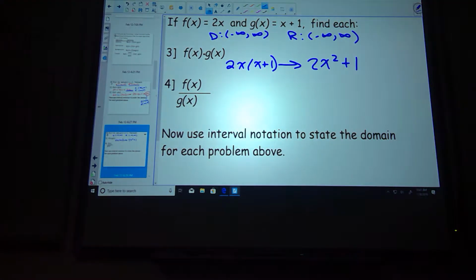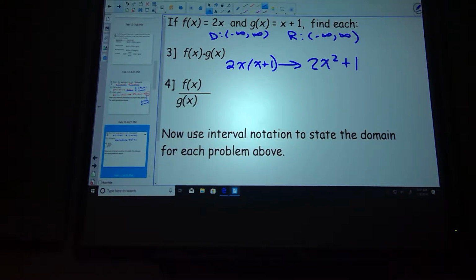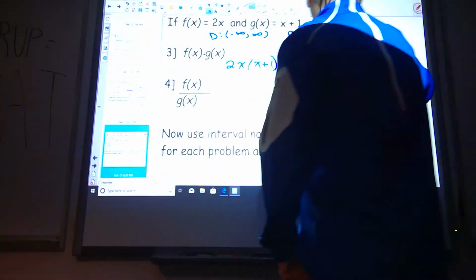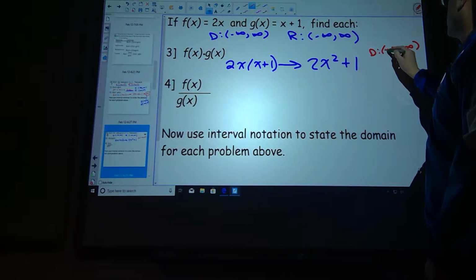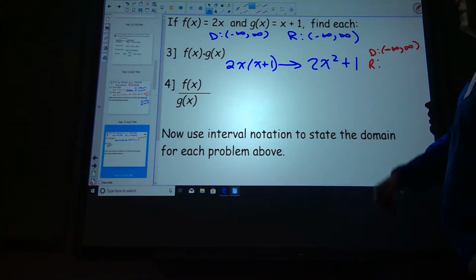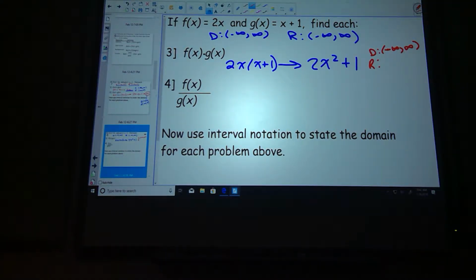Okay, now we are going to start seeing a restriction. Can I plug anything I want in for x and get something out? Yeah. So domain is definitely staying good. Range is goofed up now. Why? What happens if I plug a negative number into 2x squared plus 1?